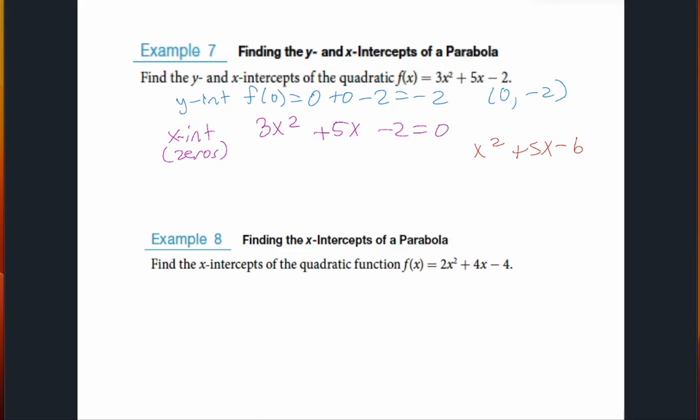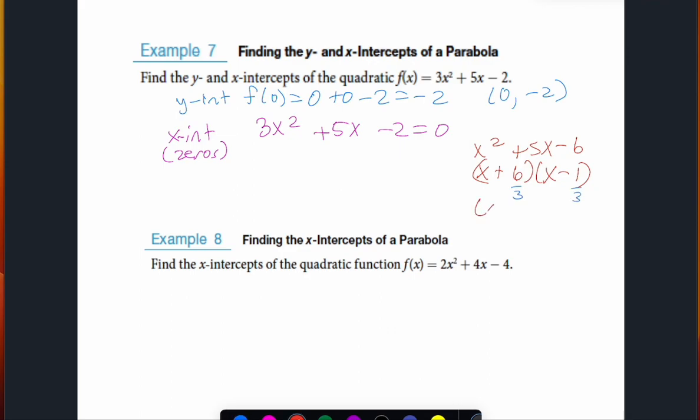So I take the 3, slide it over, and blend it with the negative 2 over there, and call it a negative 6. And I'm going to factor that, and pretend like the other one doesn't exist. That factors to be x plus 6 times x minus 1. It is 6 and 1, which subtract to give me 5, and multiply to give negative 6. So I slid over a 3, and now at this point, you divide by 3.